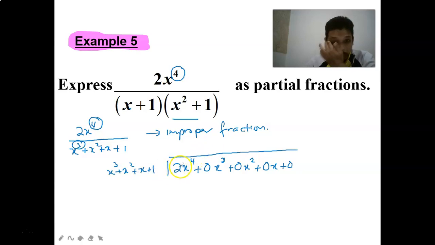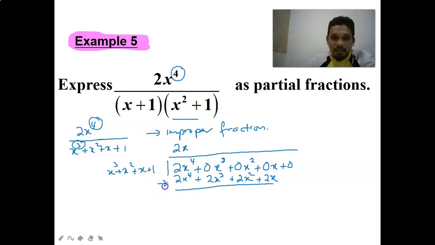So then, what about this one here now? 2x to the power of 4 divided by x cubed equal to 2x. Again, 2x multiplied with x cubed, 2x to the power of 4, 2x times x squared, 2x cubed, 2x times x, 2x squared, and 2x times 1 equal to 2x.